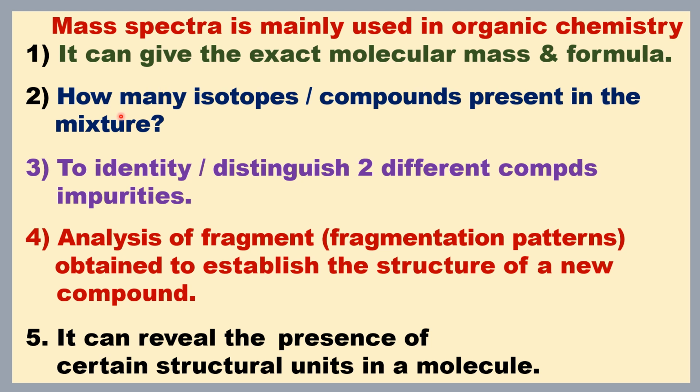And then how many isotopes, how many compounds are present in the mixture, and then to identify and distinguish two different compounds, impurities, analysis of fragmentation pattern, that is, each ion gives specific ions, that is fragmentation pattern, obtained to establish the structure of a new compound.